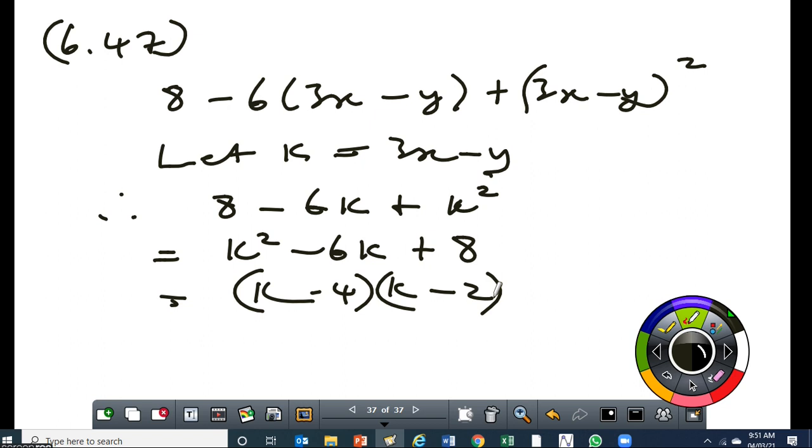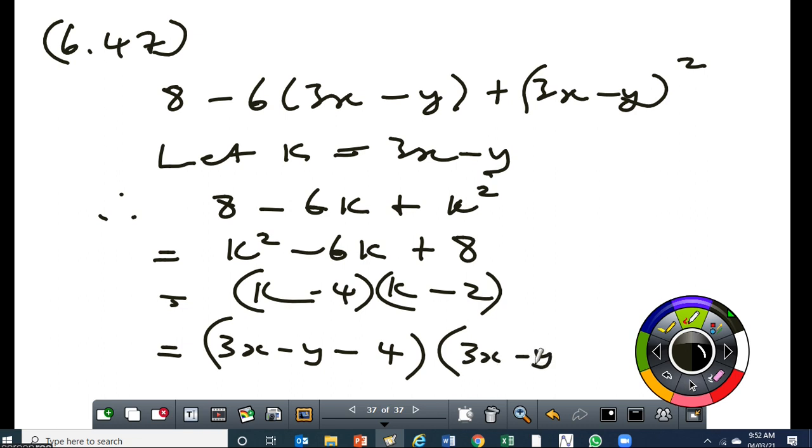Once I'm here, I'll go back to my substitution. Where there is k, I'll put 3x minus y. Where there is k, 3x minus y. So my final answer is going to be 3x minus y, and let me put the minus 4. I'll put that in one bracket times, and if I put that 3x minus y here, I'll get 3x minus y, sorry, minus 2.